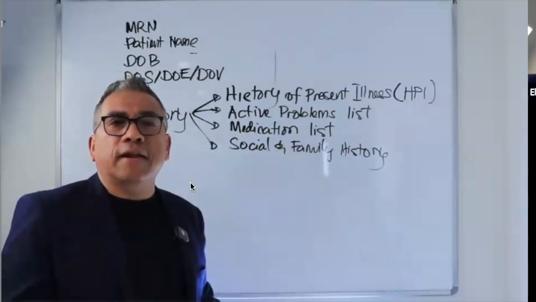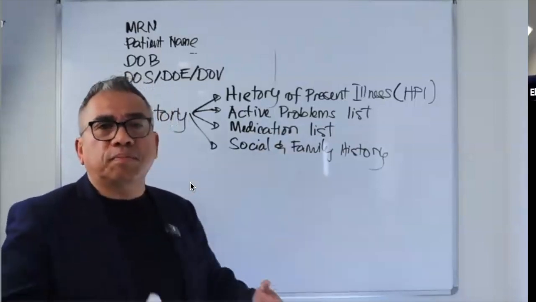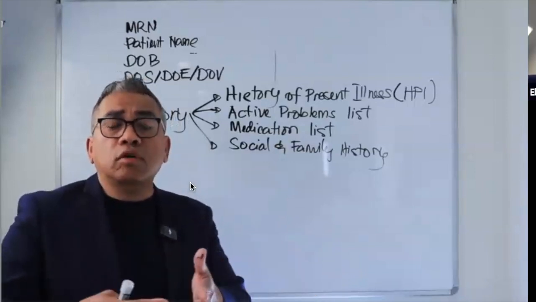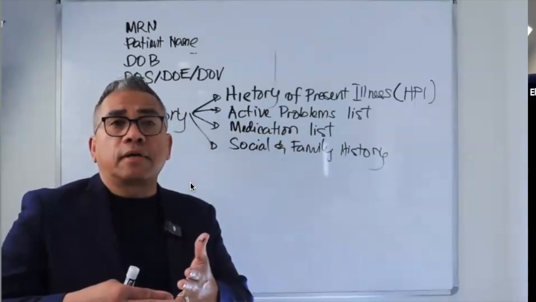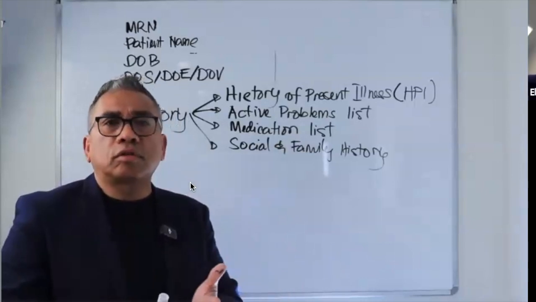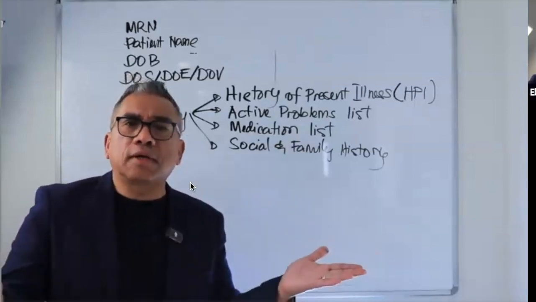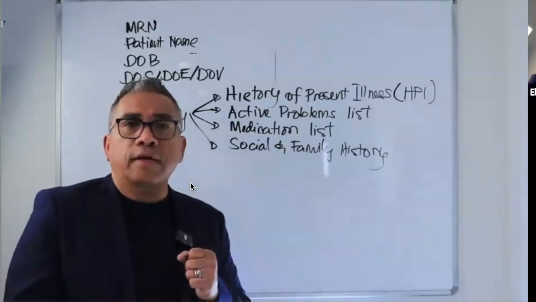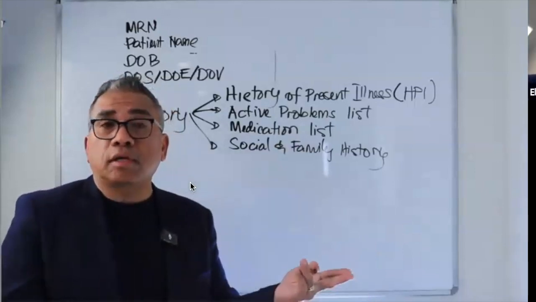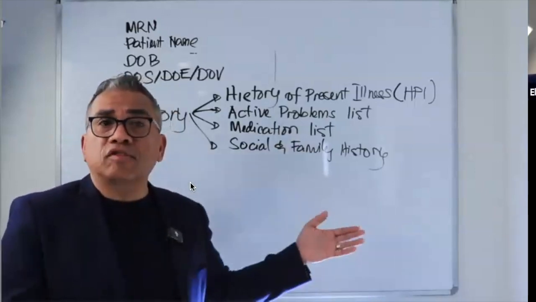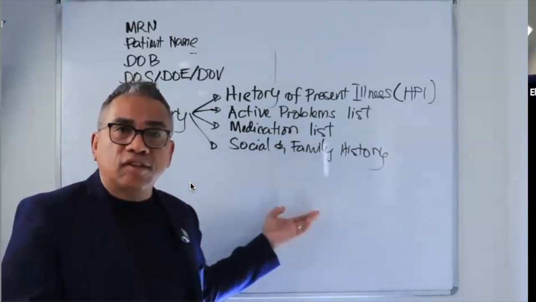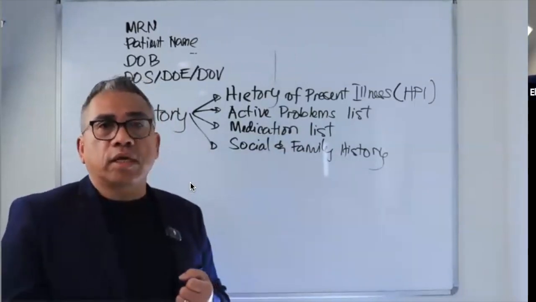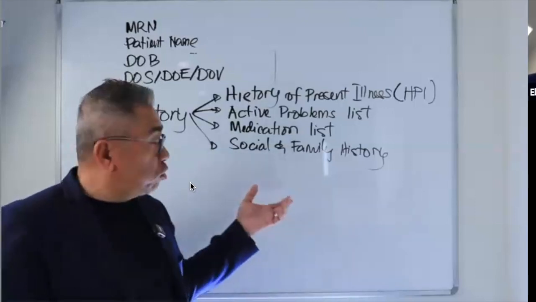Or if a patient works in a factory, exposed to certain chemicals or whatever, it is in the social history. If a patient is a current smoker or passive smoker, probably the patient's asthma or COPD has something to do with the smoking history. So that's your social history here.